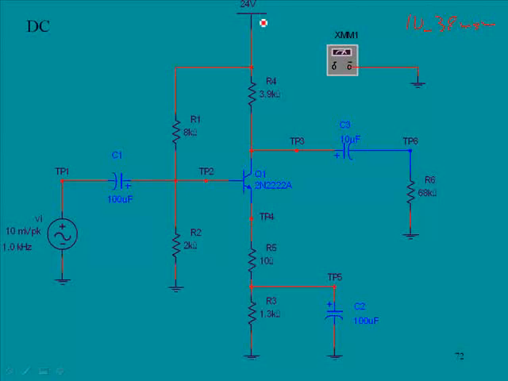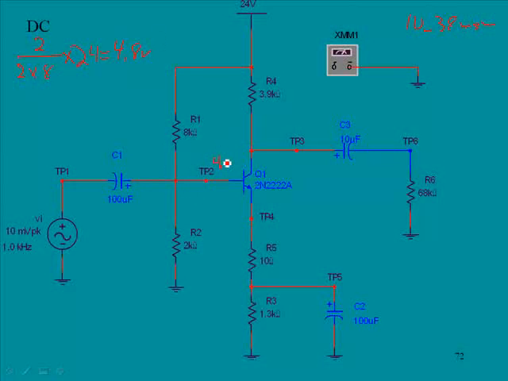So we have 24 volts applied here, and we have a voltage divider right here. Usually what we would do is a voltage divider, and we'd say 2 over 2 plus 8 times the 24 volts, and that would give us about 4.8 volts. And that 4.8 volts would be right here.